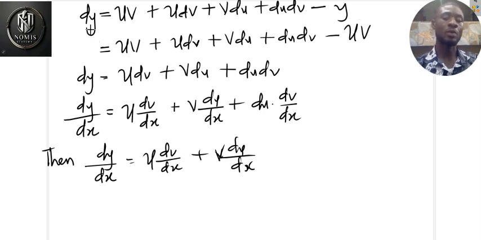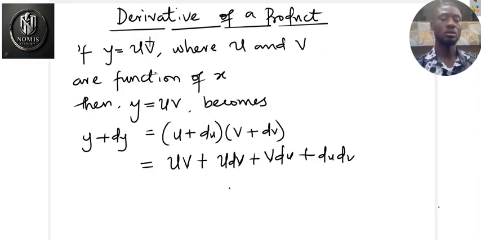So now we have δy equals uv plus u δv plus v δu plus δu δv minus y. So minus y rather. Remember that our y was uv.